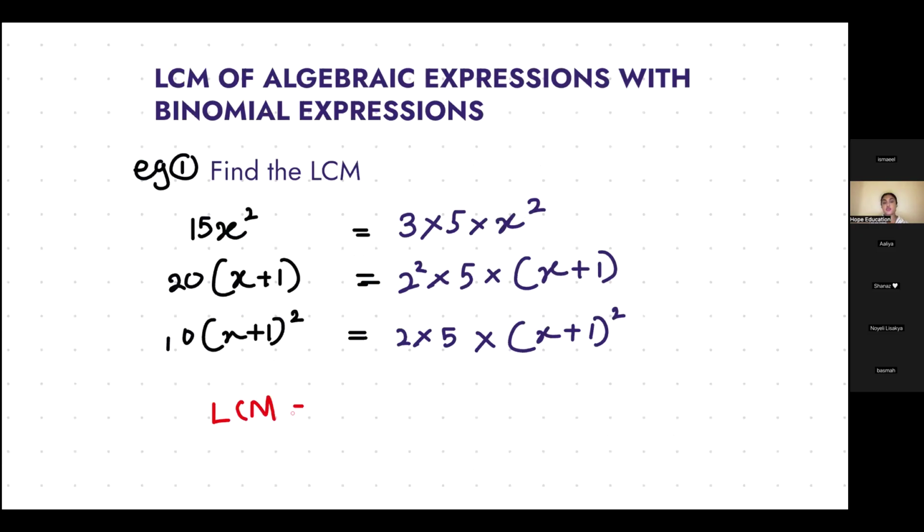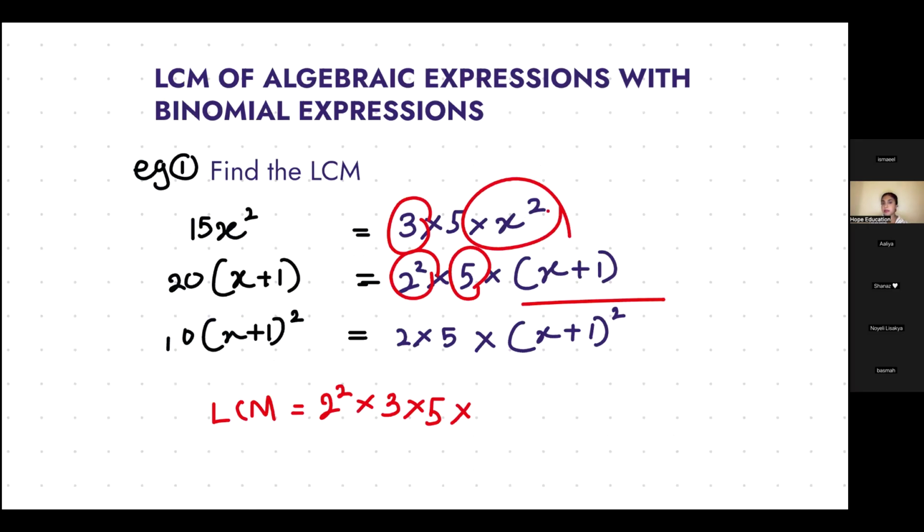The highest factor of 2 is 2 squared. The highest factor of 3 is 3. The highest factor of 5 is 5. For x, the highest is x squared. If you consider x plus 1 as an entire factor, the highest is (x plus 1) squared.